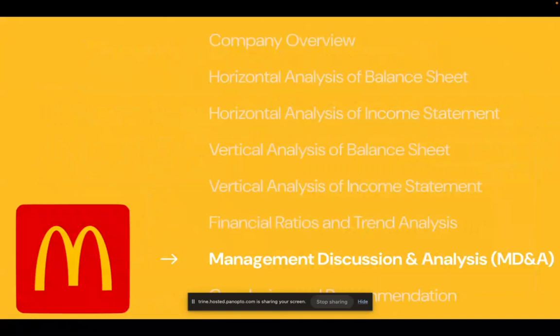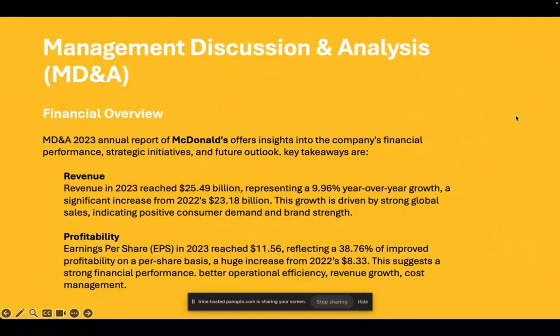Now let's discuss the management discussion and analysis report. When we see the revenue, in 2023 it has increased by 9.96%, which is good growth driven by strong global sales. The earnings per share, EPS, has increased by 38.76%, which is a good increase, suggesting strong financial performance, revenue growth, and cost management.